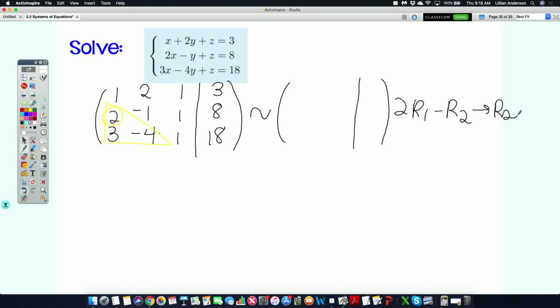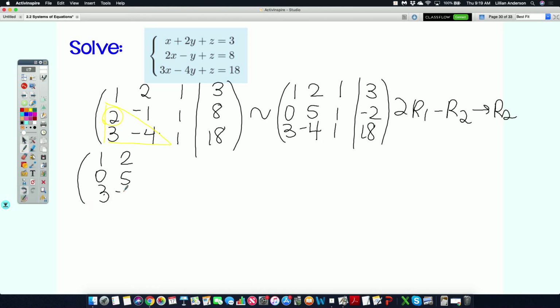Okay. We know how my math is, so I'm going to let you guys do that and tell me what row 2 is. What'd you get? 0, 5, 1, -2? Yes? Okay. So we got 1, 0. How do I make that 3 a 0?